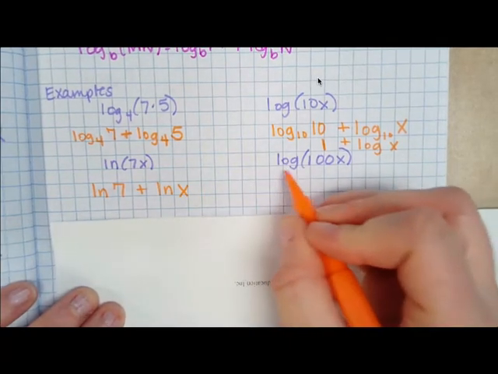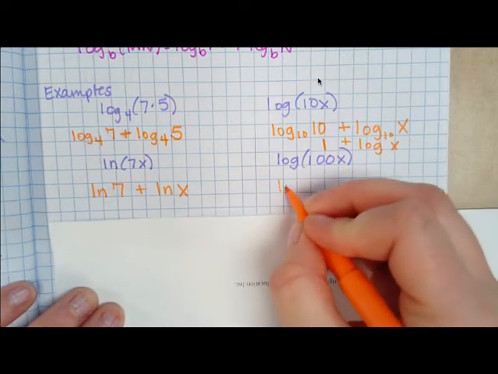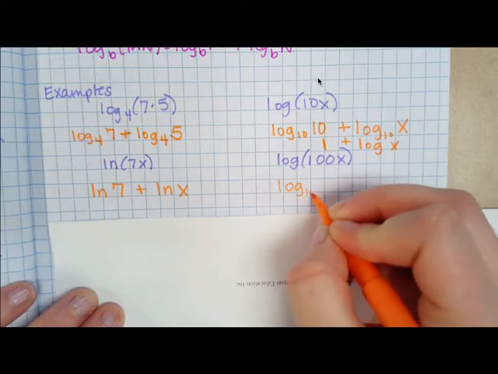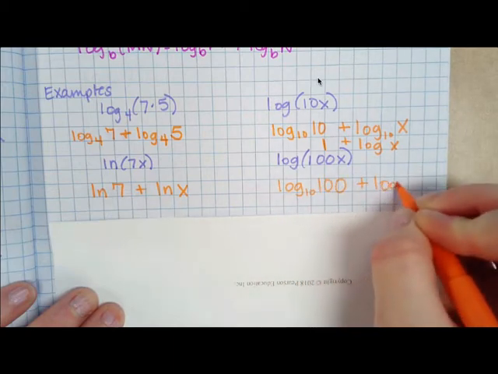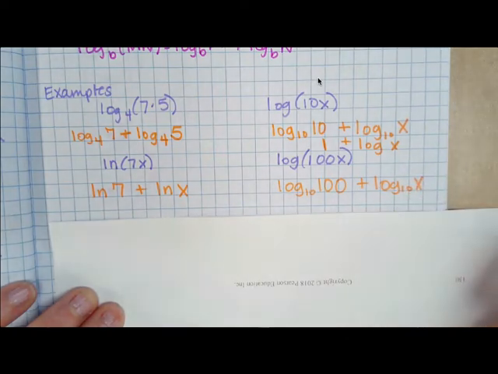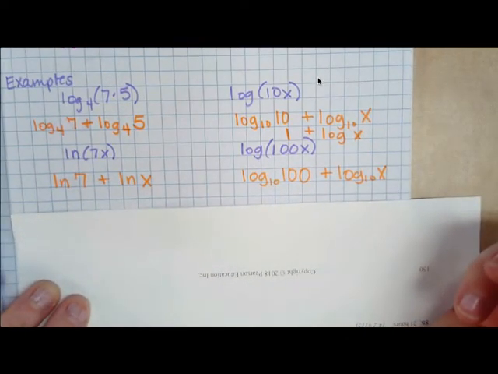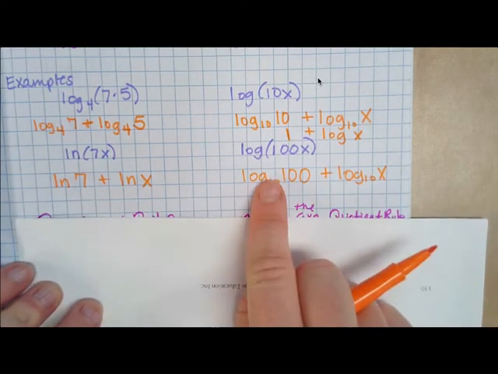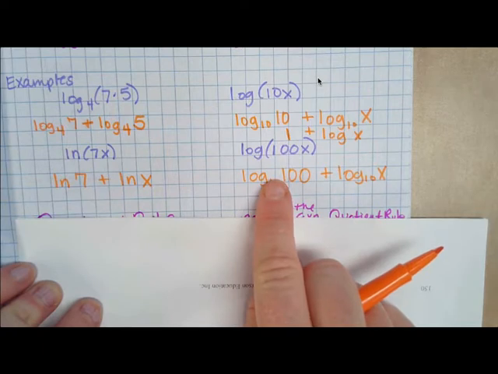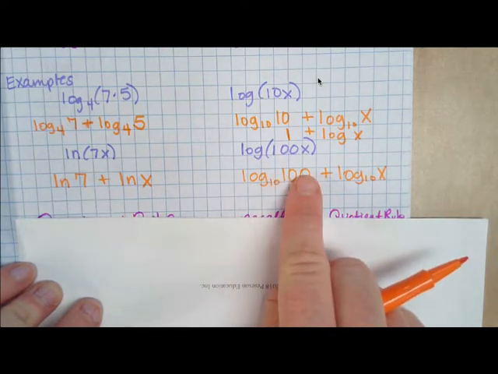The next one, log of 100x. So that means log base 10 of 100 plus log base 10 of x. We need to be able to simplify this more, because it's 10 and then that's 100.